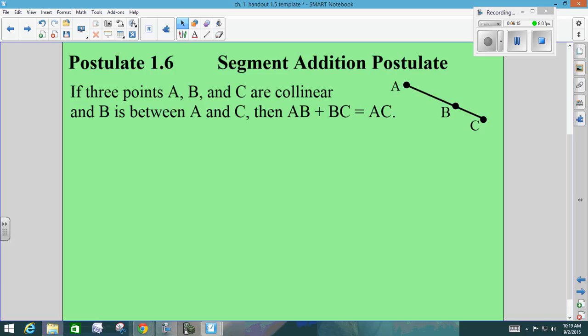Right? Then that makes sense that this length plus this length would be the whole thing. Like the distance from my head to my knees plus my knees to my feet, wouldn't that be my whole length? Yeah, segment addition postulate. You add 2 segments to make a third one. Okay.